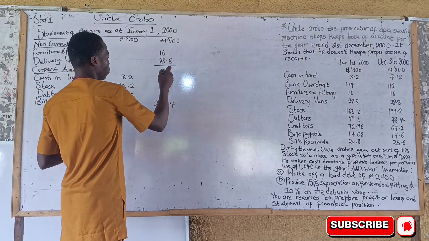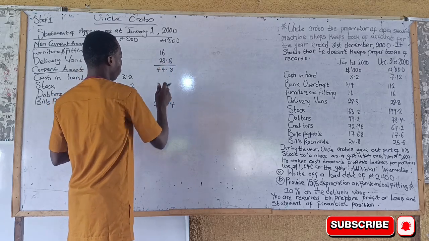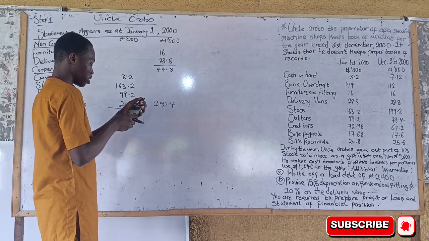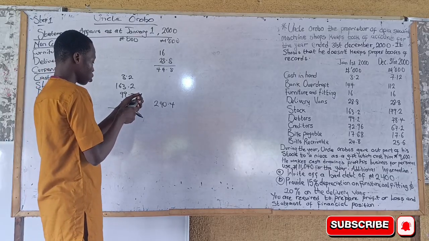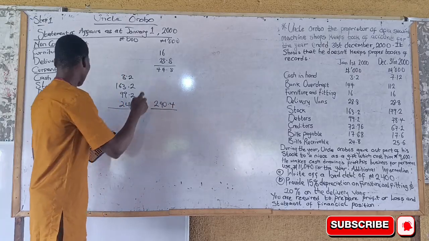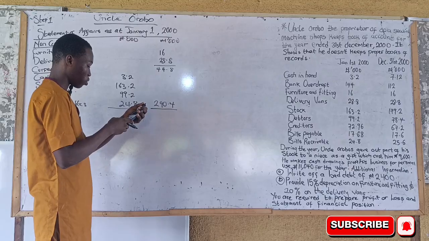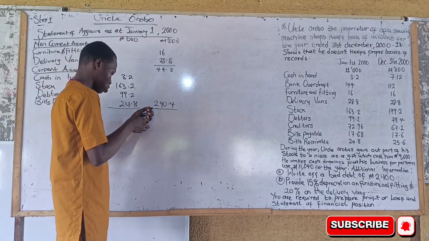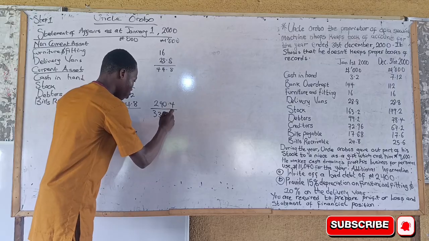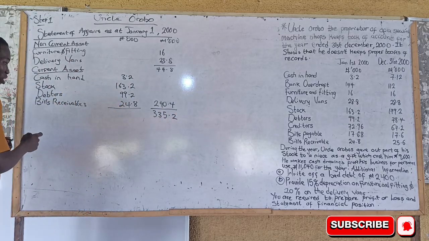And at the beginning here we have non-current assets. So let me combine that: 16 plus 28.8. That's 44.8. We are going to add this up to 290.4. That's 335.2. So let's solve for the current liabilities.